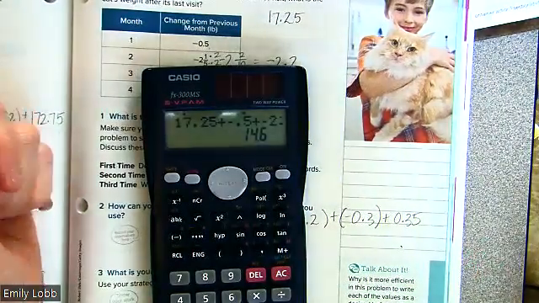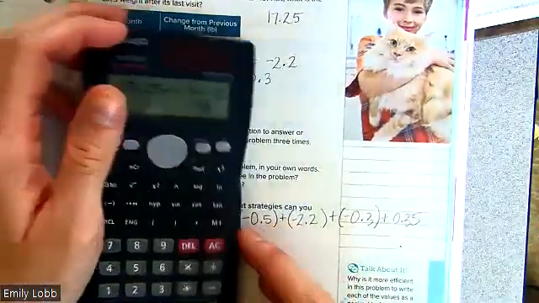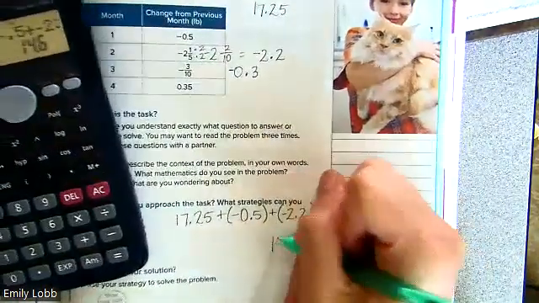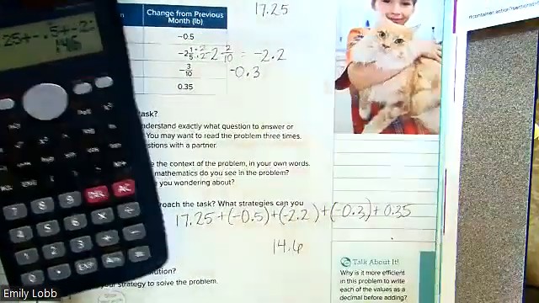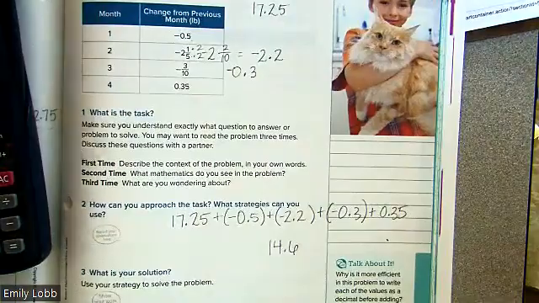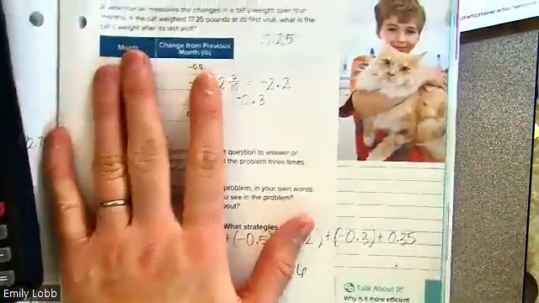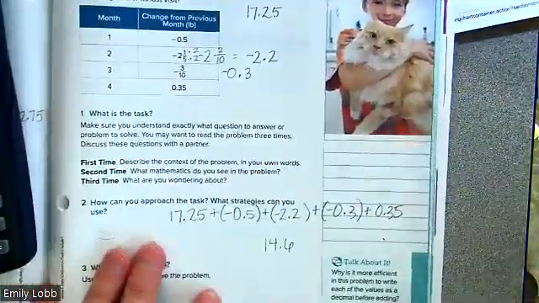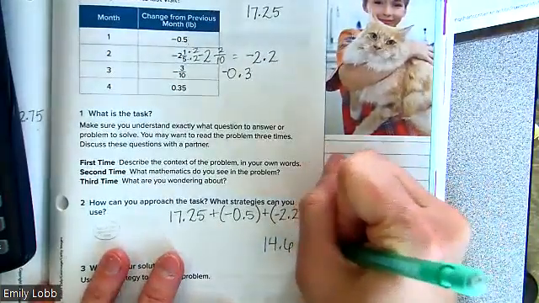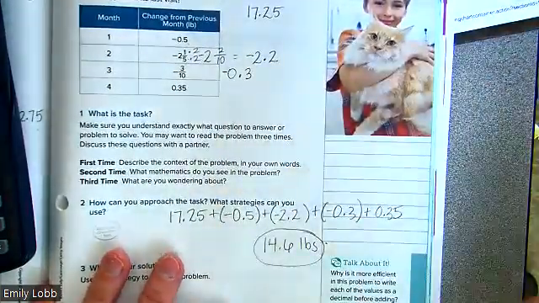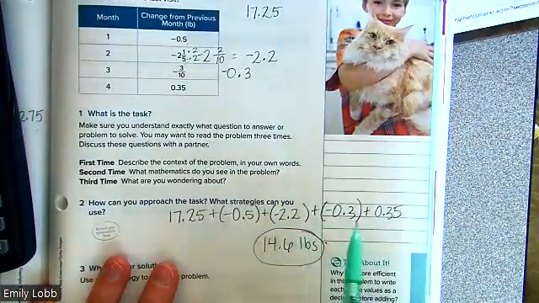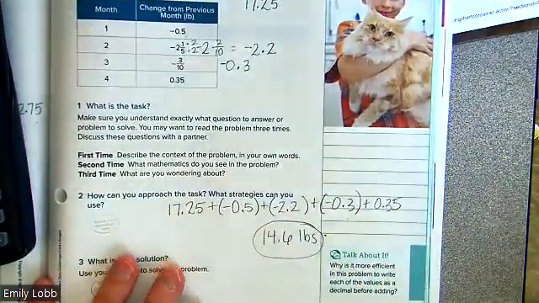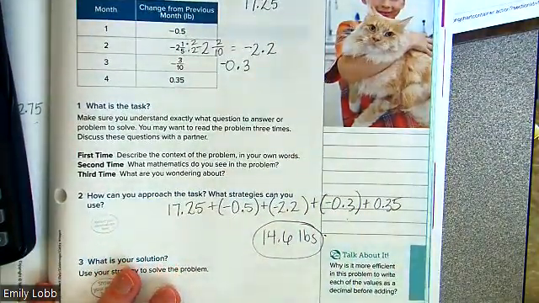That gives 14 and 6/10. So 14 and 6/10 is the weight on its last visit. So 14 and 6/10 pounds. It went down, down, down, and then back up a little bit. Okay?